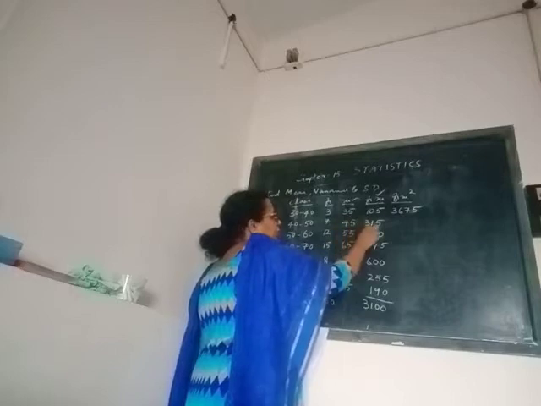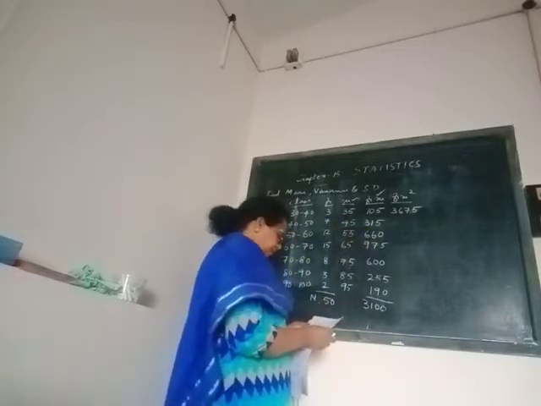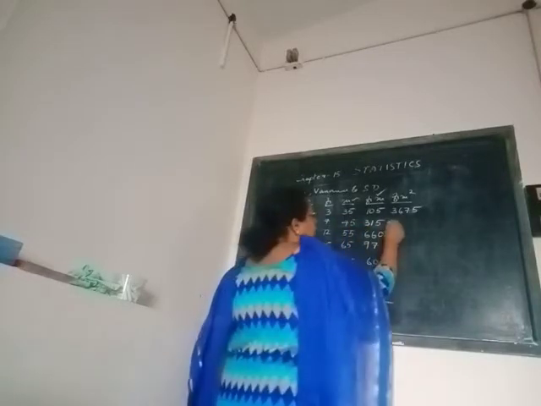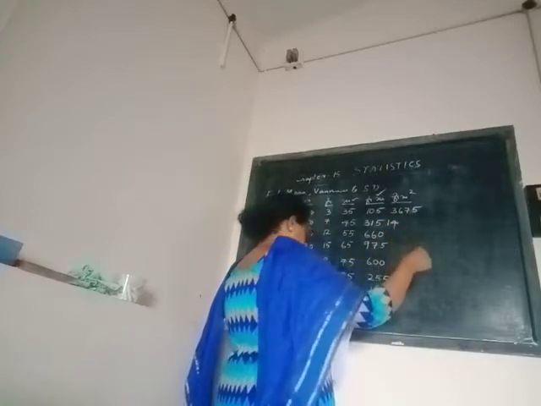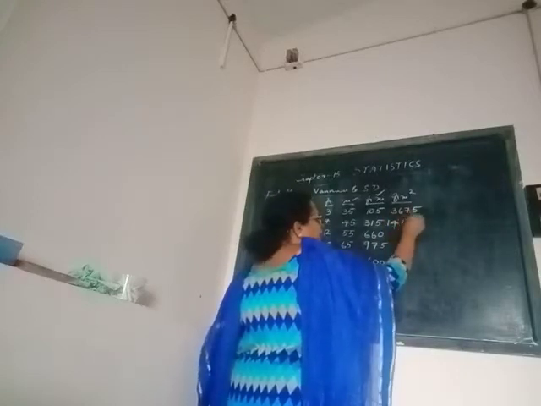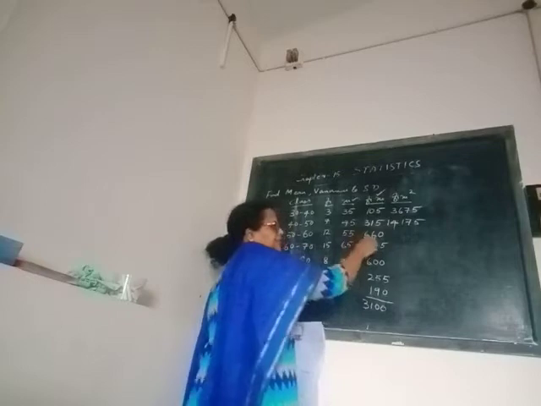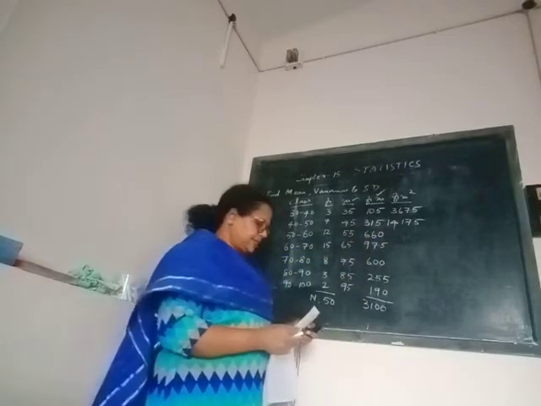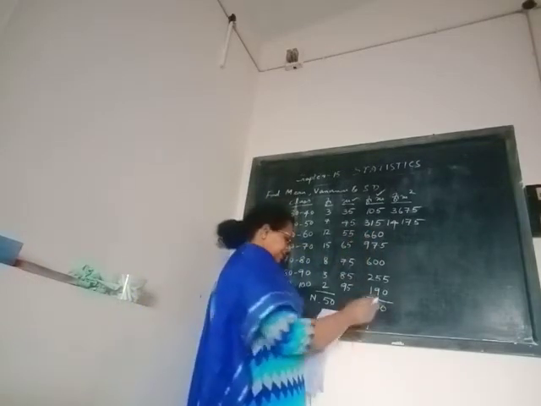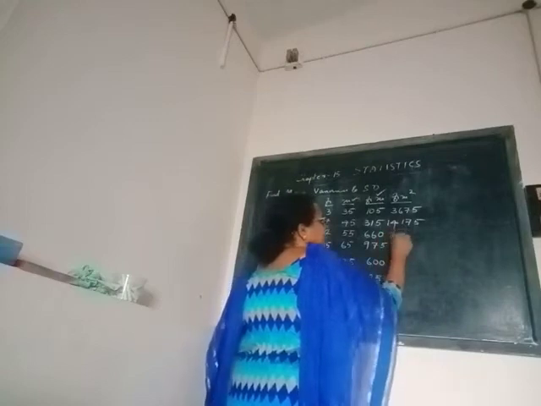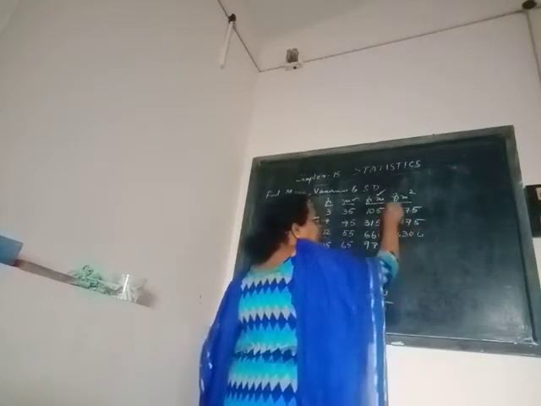Next is 45 into 315. It is 14175. Next is 55 into 660. It is 36300.